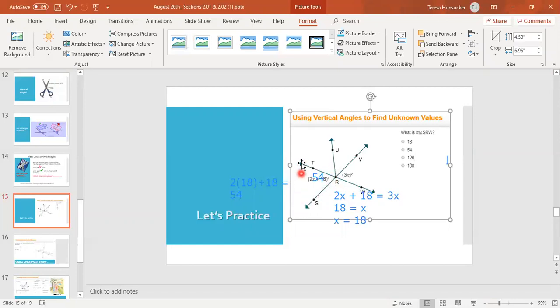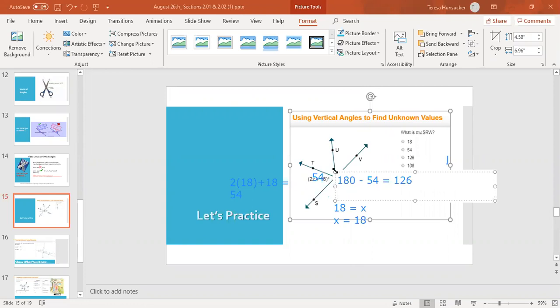RS is a ray, and straight angle TRW is 180 degrees. That's one line and one ray, so these are supplementary angles. To solve for SRW, you would do 180 minus 54, and you'd come up with 126.